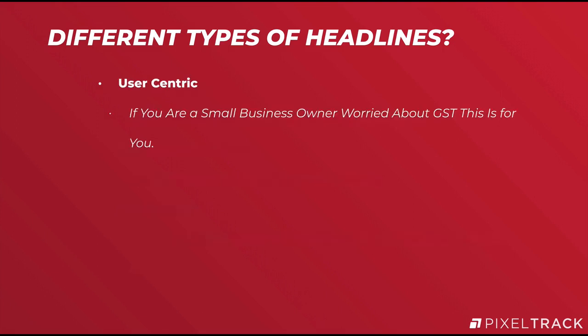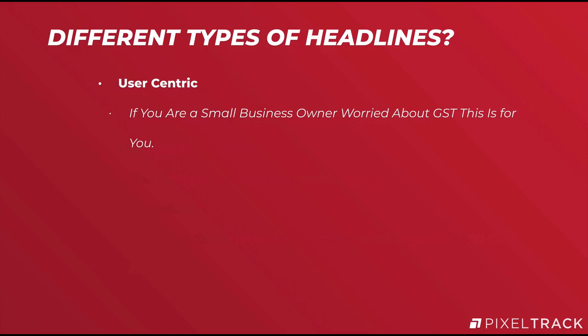The next one is user centric. So, for example, if you're a small business owner worried about GST, this is for you. Here, you're addressing the users. In this case, small business owners are my users directly. And when you do that, the level of resonance that users have with this headline or piece of content will just increase manifold, because when you call him out while he's mindlessly browsing through the internet, he'll be like, hey, this person seems to be talking to me.